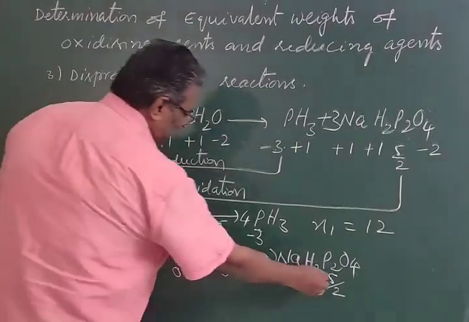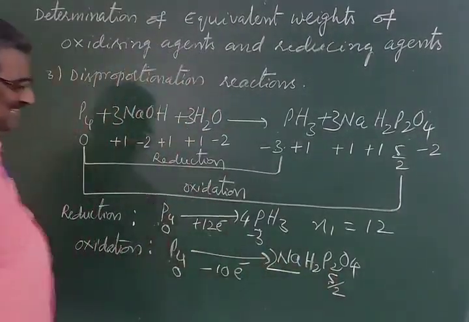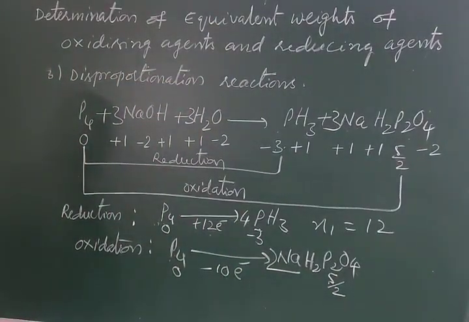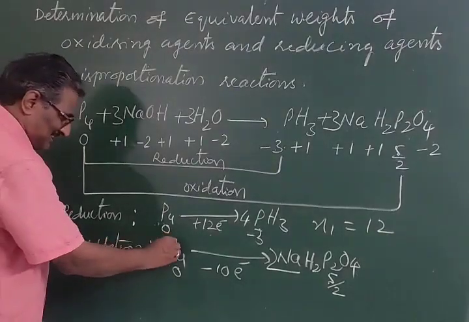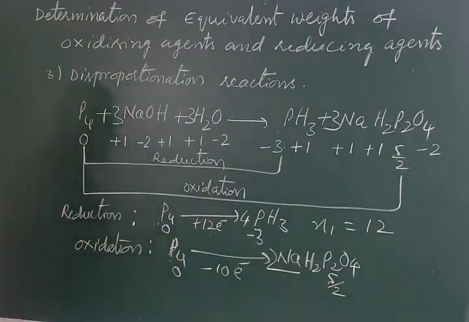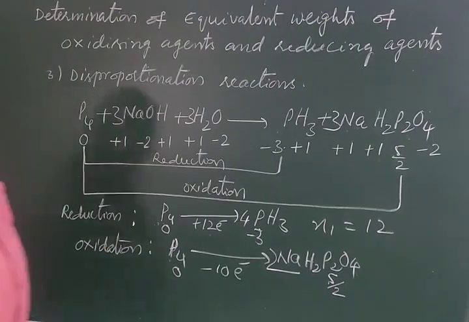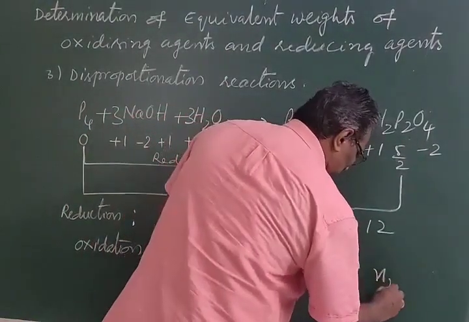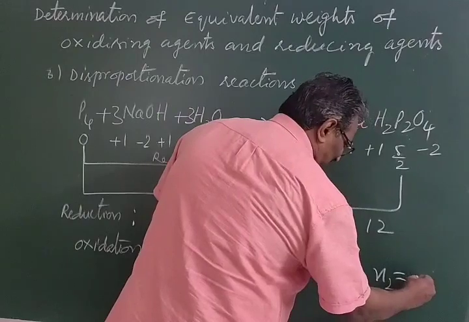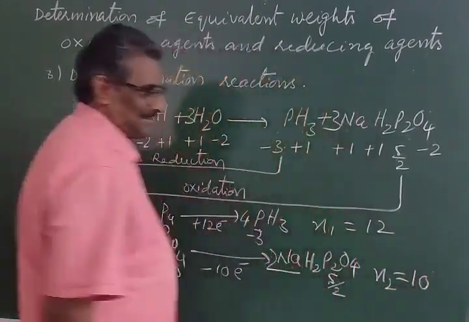Okay? For each phosphorus atom, the change in oxidation state is 5 by 2. There are 4 phosphorus atoms, so in the molecule, the change in oxidation state is 4 into 5 by 2, that is equal to 2 into 5, that is 10. That is, N2 is equal to 10, the N factor of the oxidation reaction.